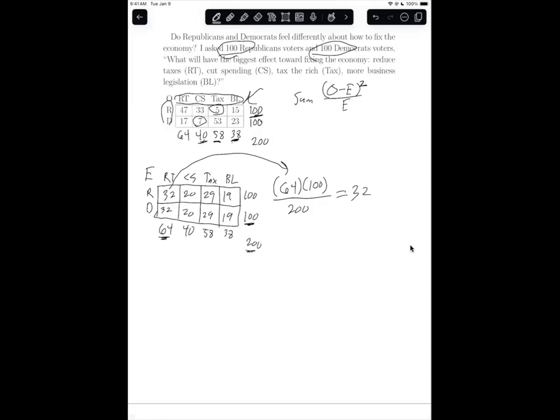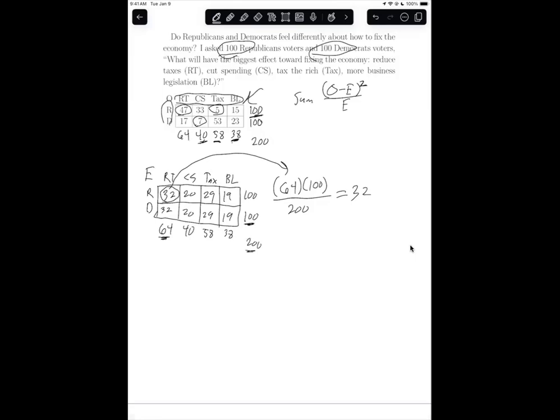And so what's happening here is we observed 47 Republicans saying we need to reduce taxes, but under the null hypothesis, under Republicans and Democrats having the same preferences, we would expect 32 Republicans to say we should reduce taxes.